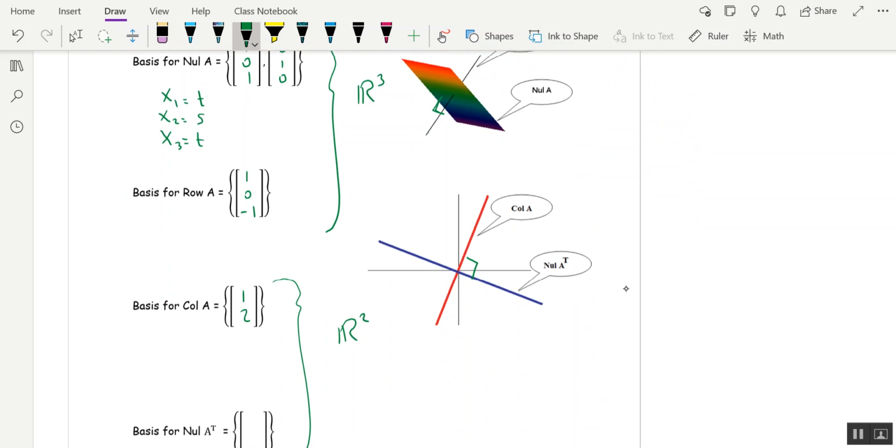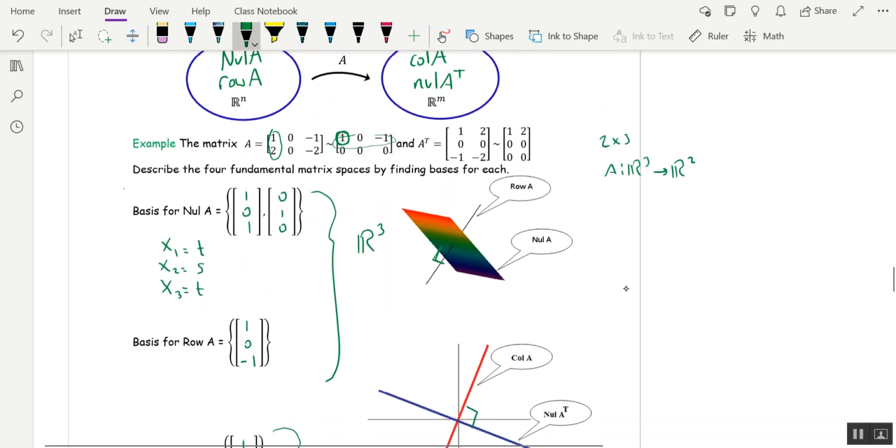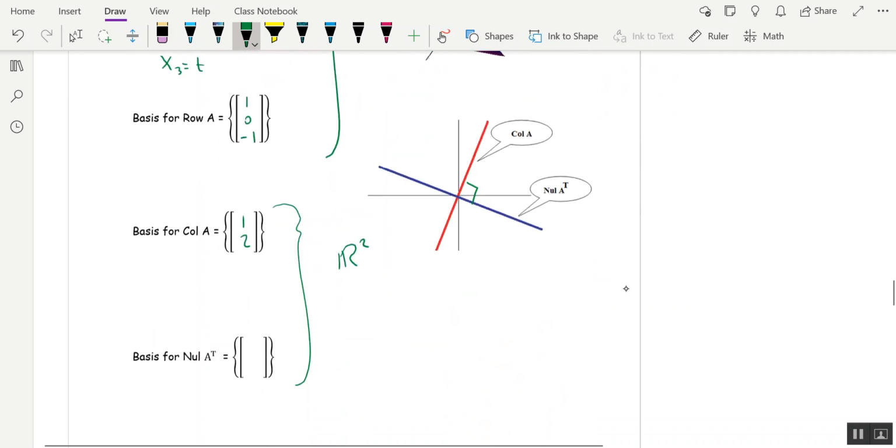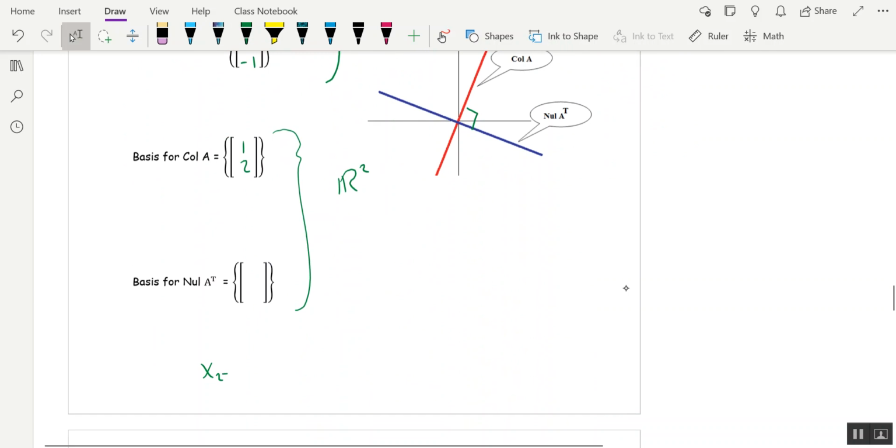And then a basis for null A transpose, if you look up here at A transpose that I've reduced, we can see that X2 is free and X1 is -2t. So this would be -2, 1. And again, if I dot this vector with that vector, I get 0. So they're situated in a very special way.